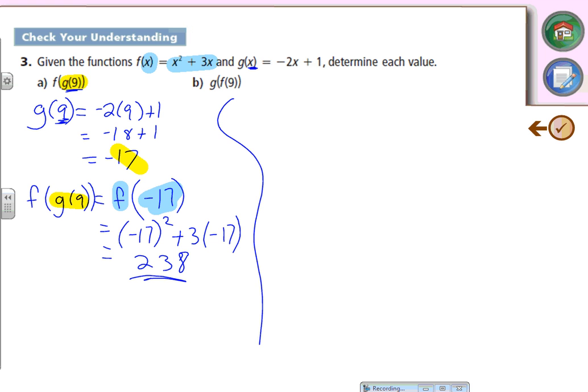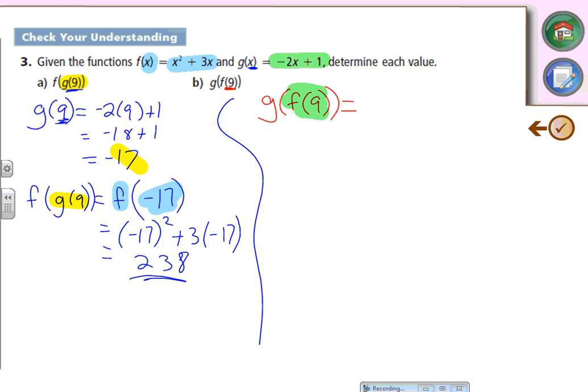In the second one, I'm going to do it a little bit more in 1 step. I'm going to substitute straight into here. This is now saying g of f at 9 is equal to, well, I'm going to substitute this first part right here straight into there.